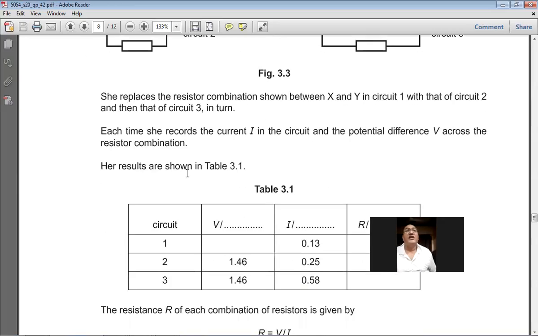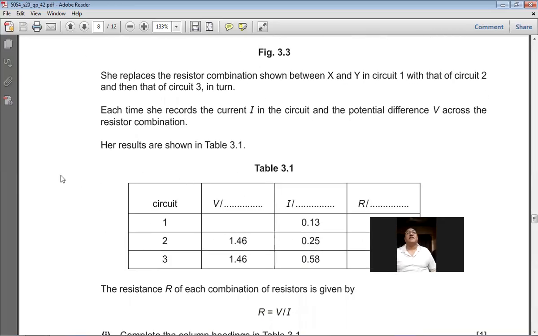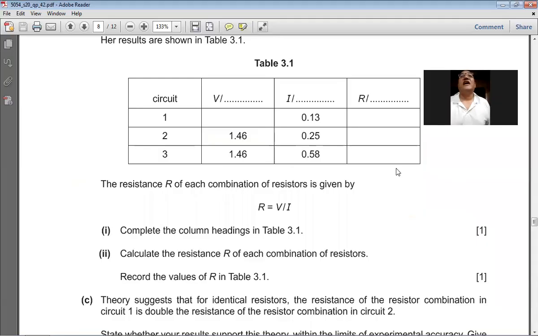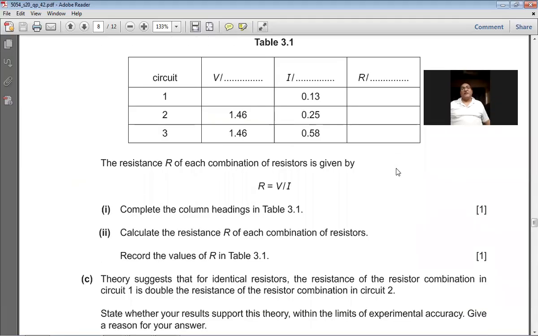She replaces the resistor combination shown between X and Y in circuit 1 with that of circuit 2, and then that of circuit 3 in turn. Each time she records the current I in the circuit and the potential difference V across the resistor combination. Her results are shown in table 3.1. The resistance R of each combination of resistors is given by the formula R equals V divided by I. You remember that formula?